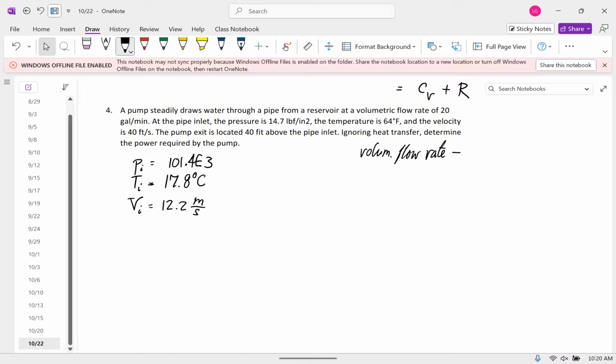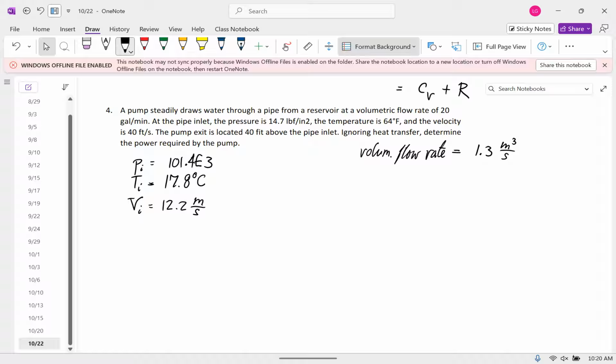Okay, tell me that one again. It was originally 20 gallons per minute, which makes sense. It would be so small as meters cubed. It would be greater than a gallon, and seconds are a lot smaller than minutes.